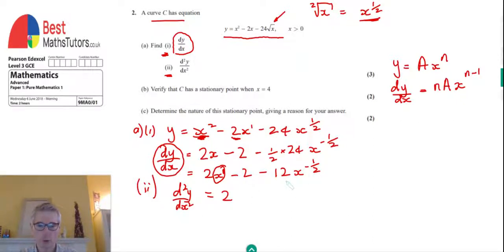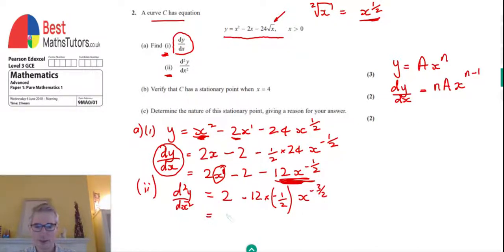Then we're going to differentiate this bit now. We're going to multiply the power of minus half to the front, so we've got minus the 12 times minus a half, times x, and now we subtract 1 again from this minus half, and we get minus 3 over 2.